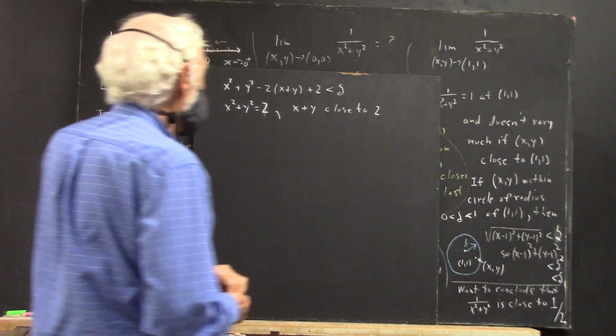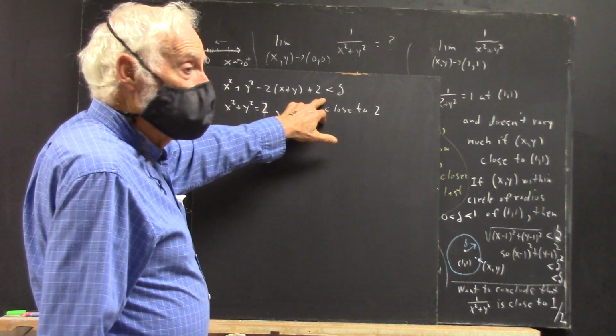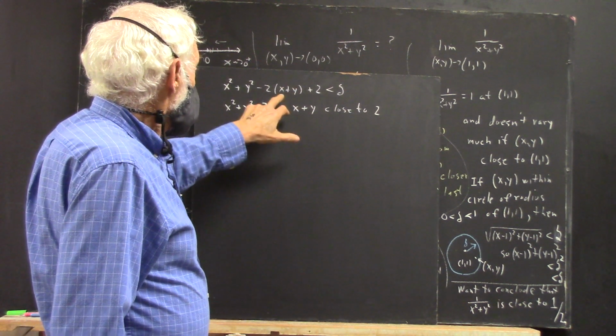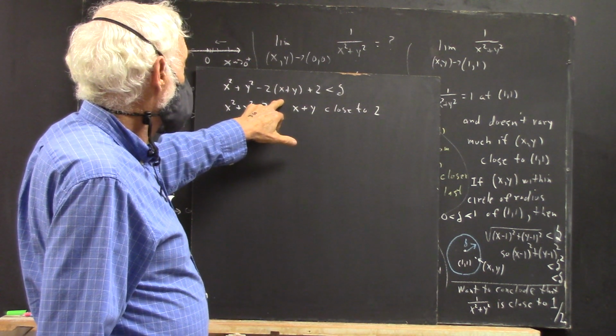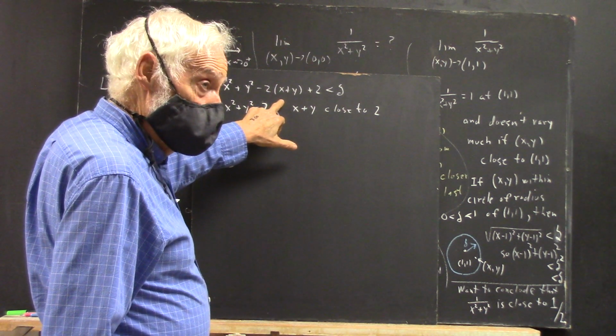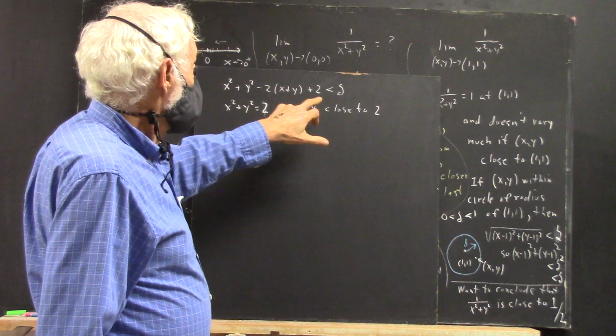Okay, where are we going? We got minus 2 times x plus y, and then we've got plus 2, right? If x plus y was 2, then this would be negative 4 plus 2, so this would be negative 2.